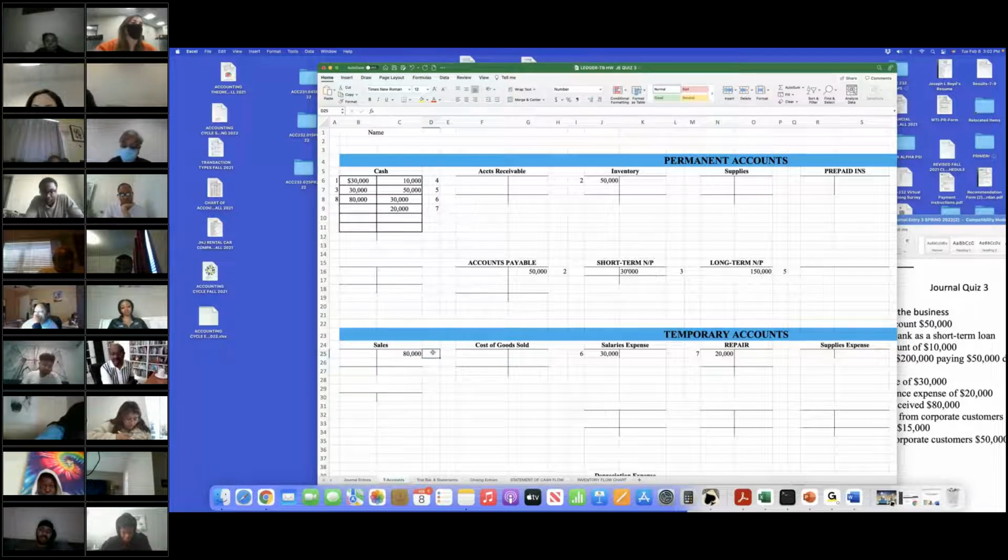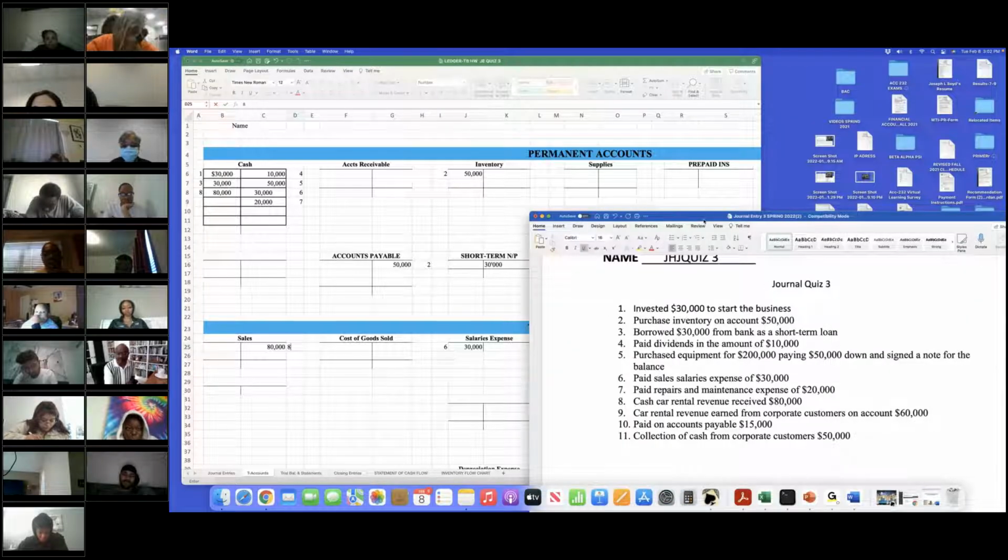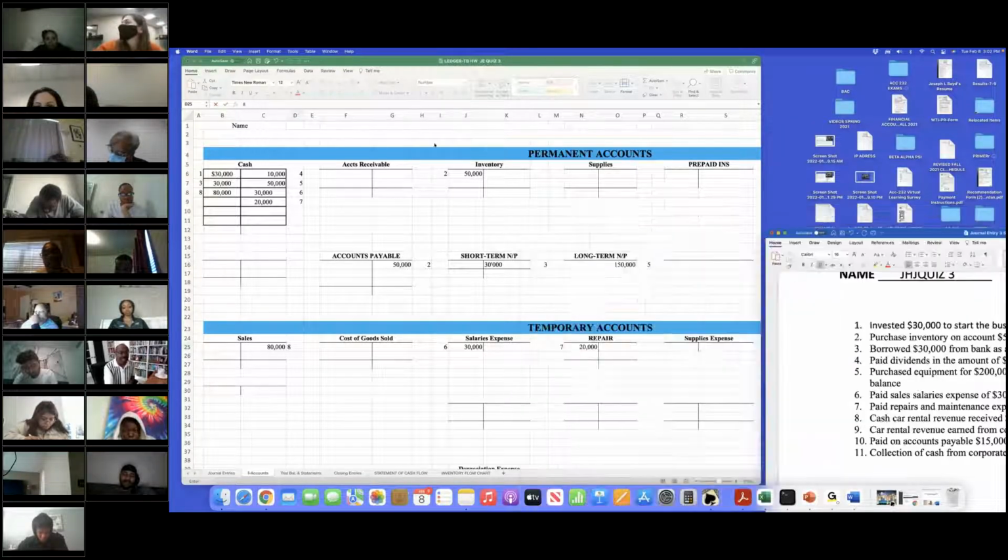Then we have car loan revenue earned from our corporate customers. And that was 60,000. That's number 9.